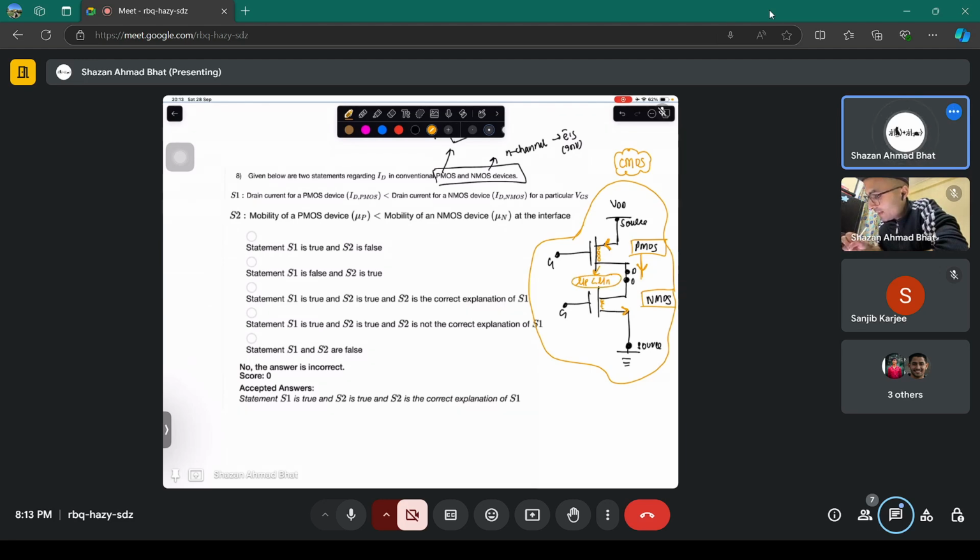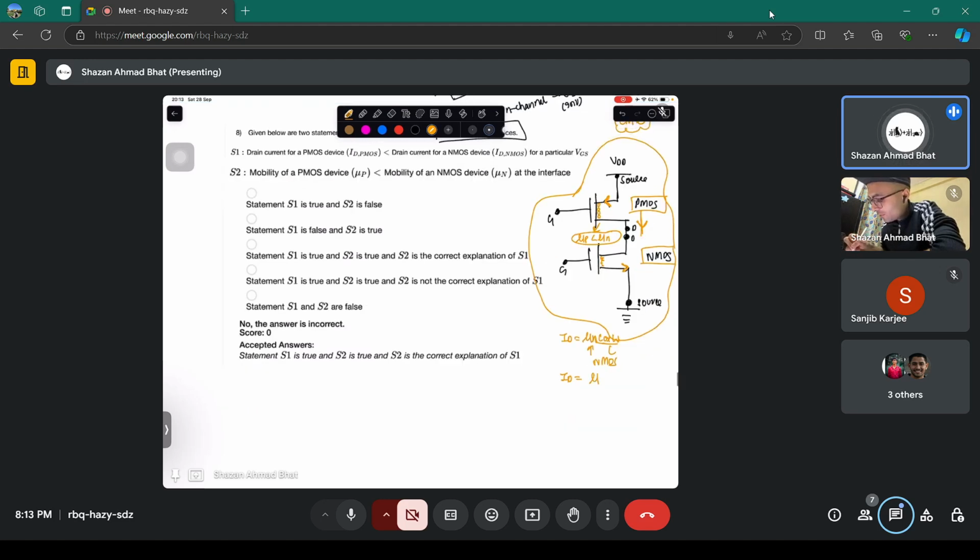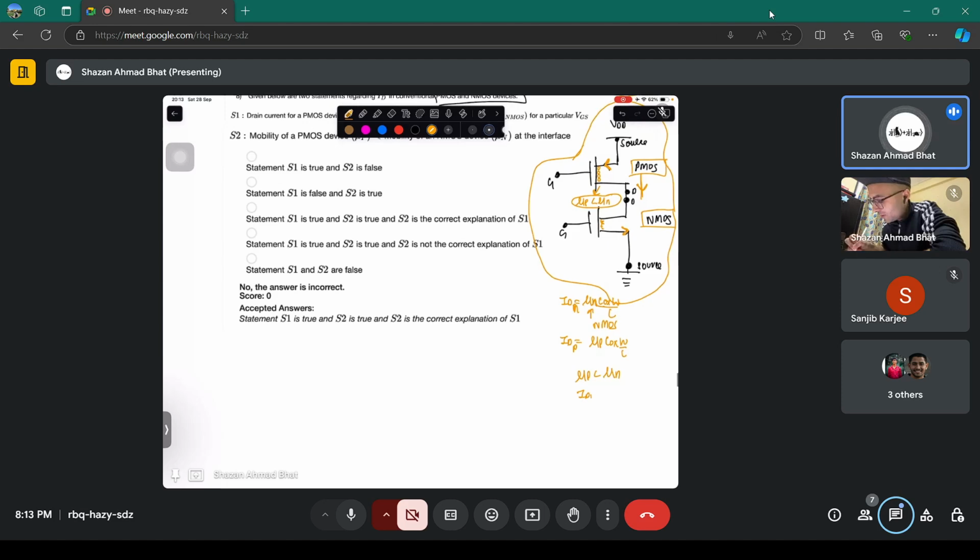And because of that, the current in the PMOS, because you know the current equation has mu n C ox W by L. This is for NMOS, mu n. If you have to write the current equation for PMOS, you have to write mu P C ox W by L. Mu P is less than mu n. So that means ID for PMOS will be less than ID for NMOS.